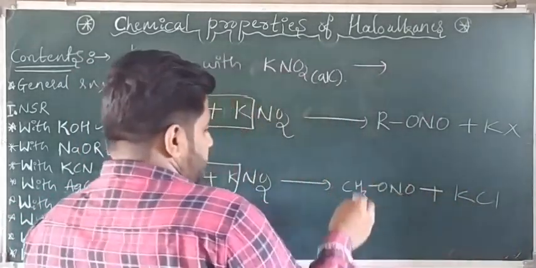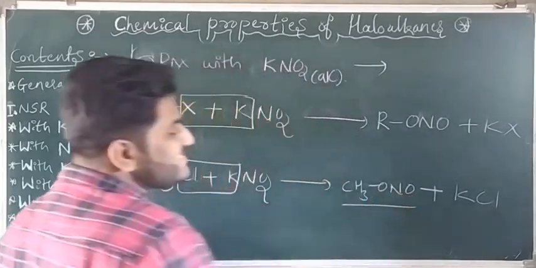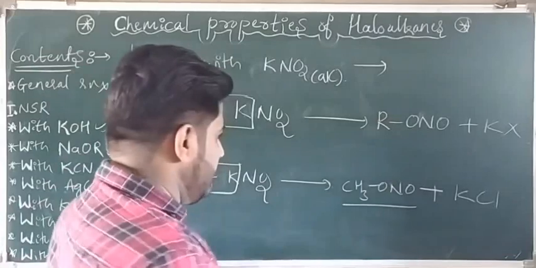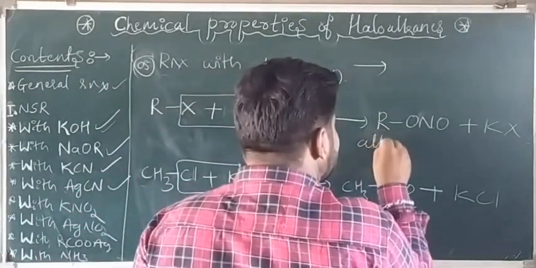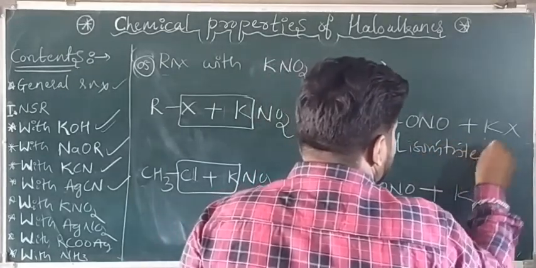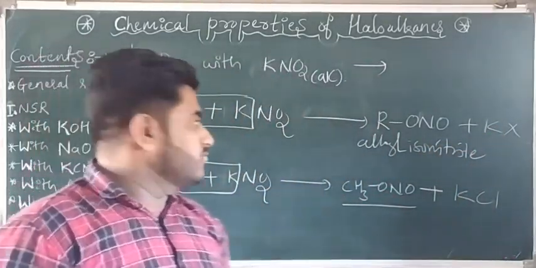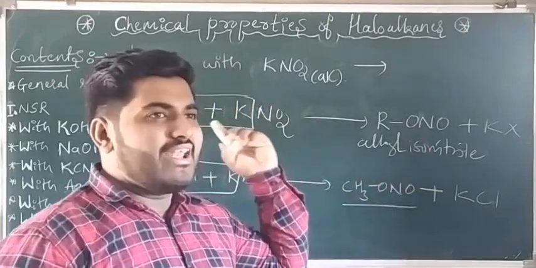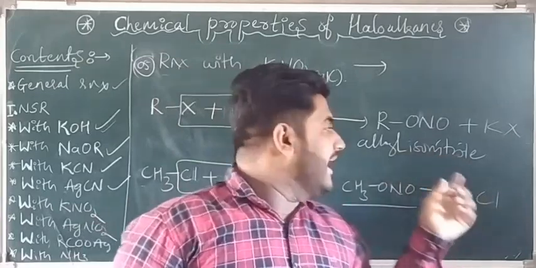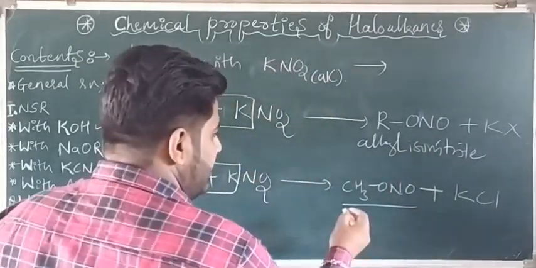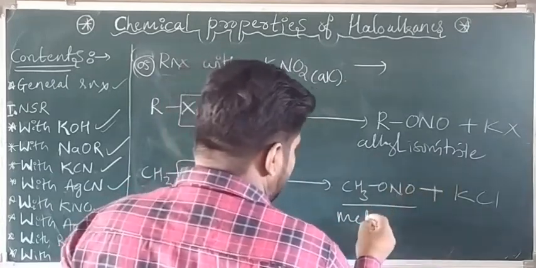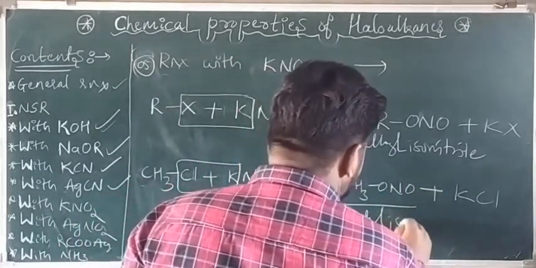This is nothing but alkyl isonitrite, we can call it. Nitroalkane in case of RNO2. Here alkyl isonitrite, so here methyl isonitrite. Isonitrite methane, also called methyl isonitrite.